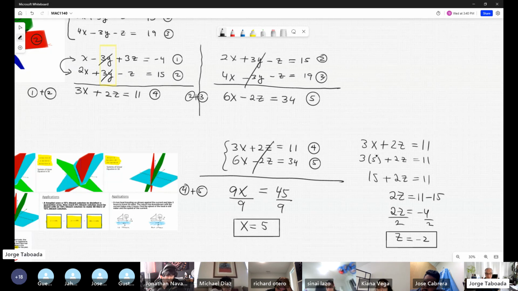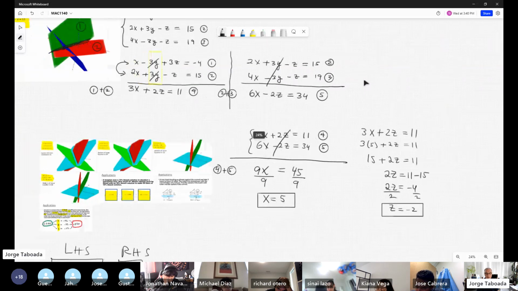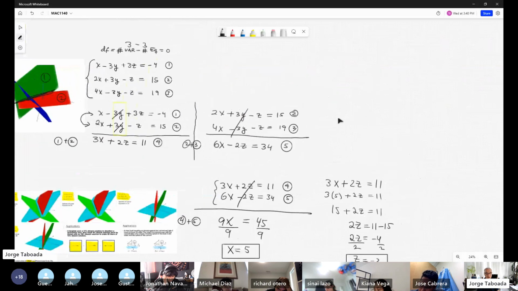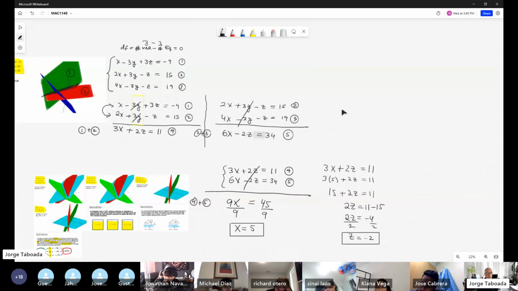So, in order to finish, I come back to the original equation that contains 3 variables. Cool. And now I pick, for example, the first one. But not necessarily, you can pick either. I pick the first one because I consider it easy. So I substitute, no x anymore. X is 5.